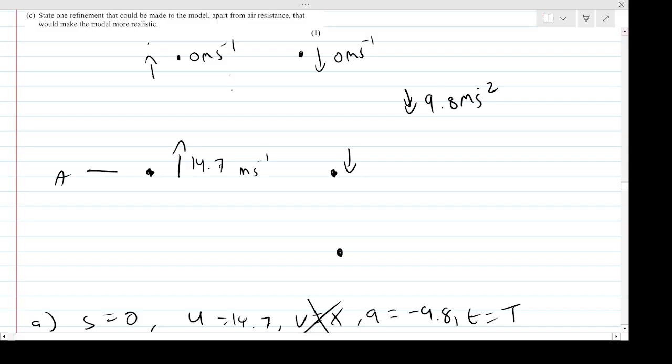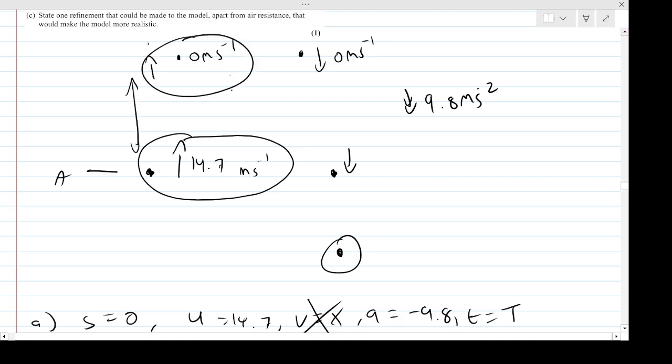If we just skipped right to this point here, 4 seconds after, we'd be missing all the distance when it travelled up to this point of 0 speed. We'd be missing all that height the particle travelled up, and all the distance the particle travelled down to that same point, okay?